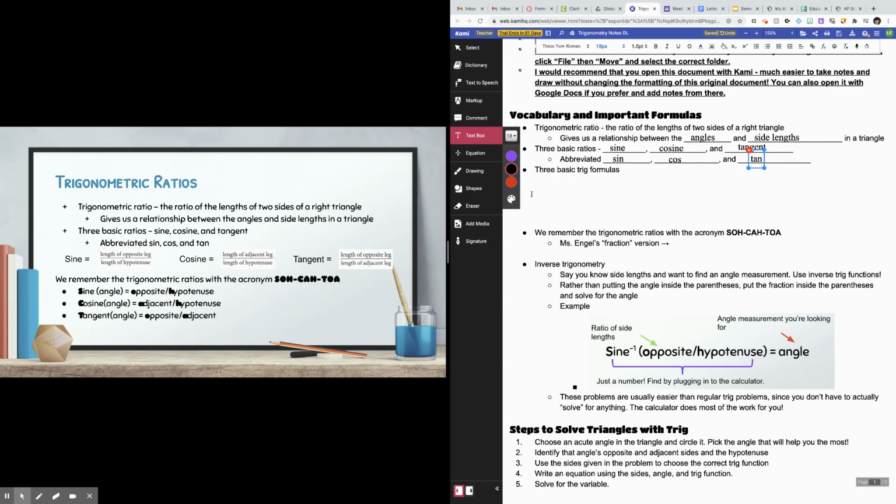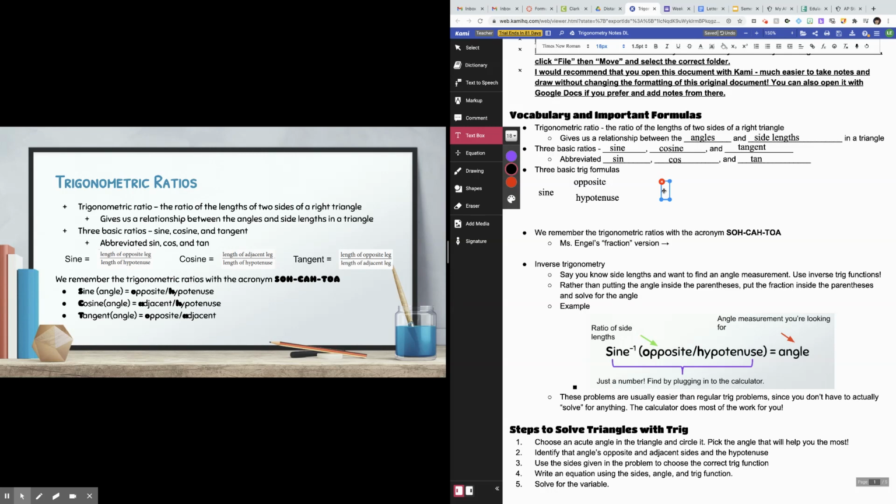So these are your three ratios. Sine is always the opposite leg of the angle you're looking at divided by the length of the hypotenuse: opposite over hypotenuse. Right now they don't look like formulas on your notes side because I have to type them first and then add all the other stuff in.